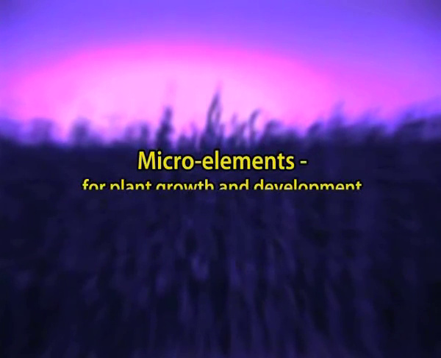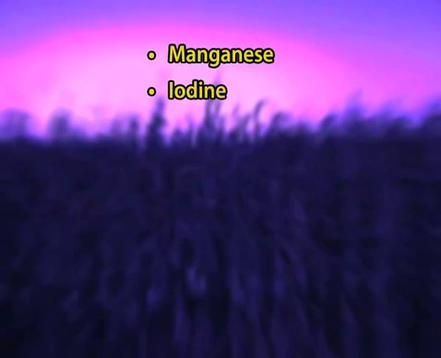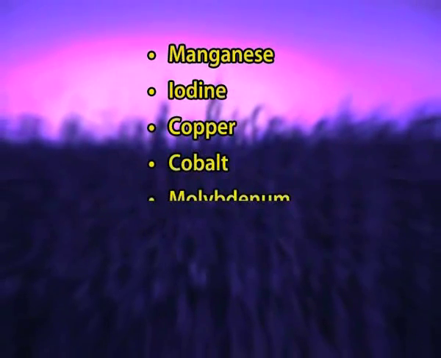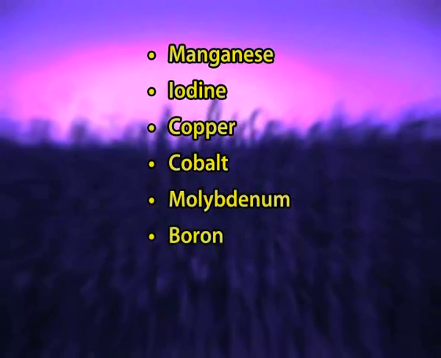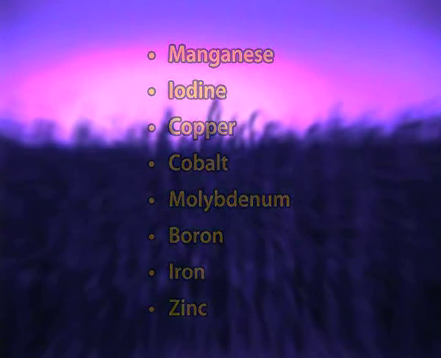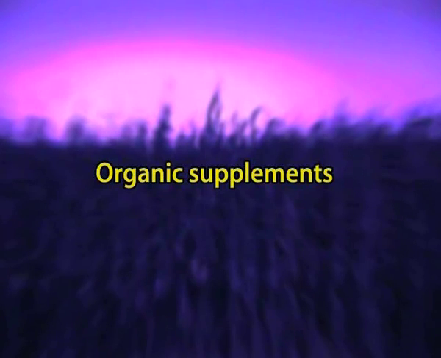Microelements. These are those elements that are used in trace amounts, and they include manganese, iodine, copper, cobalt, molybdenum, boron, iron, and zinc.